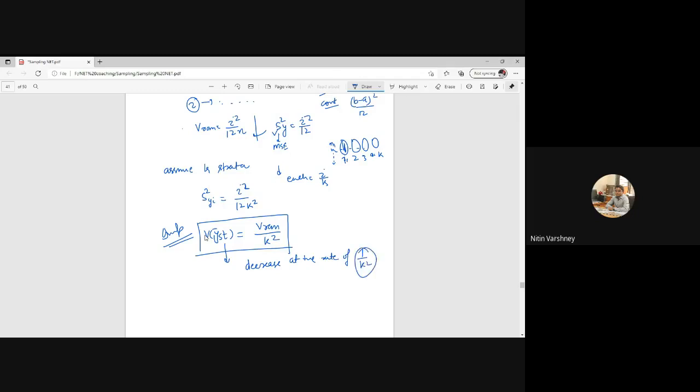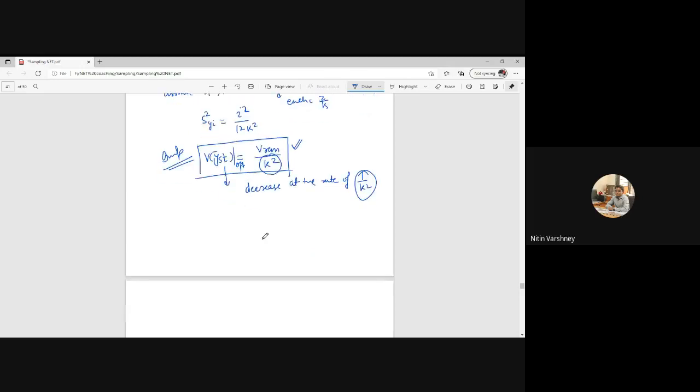K is the number of strata. So this is the relationship between the variance of y bar st under optimum allocation and the variance of random sampling. If we compare the variance with respect to the number of strata, that is k, we can say that it will decrease at the rate of 1 by k square. Okay, so that is important.